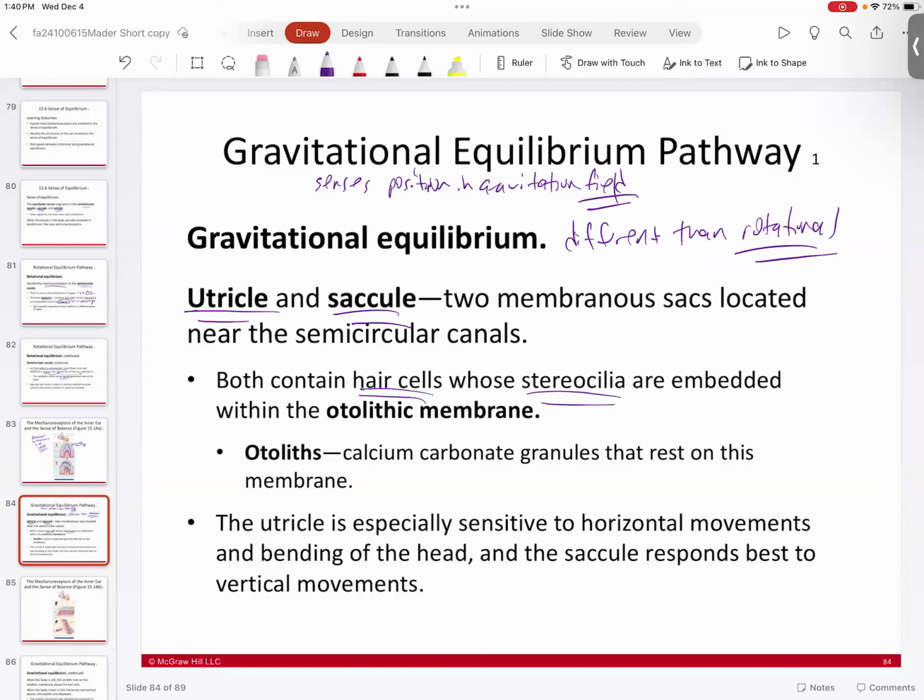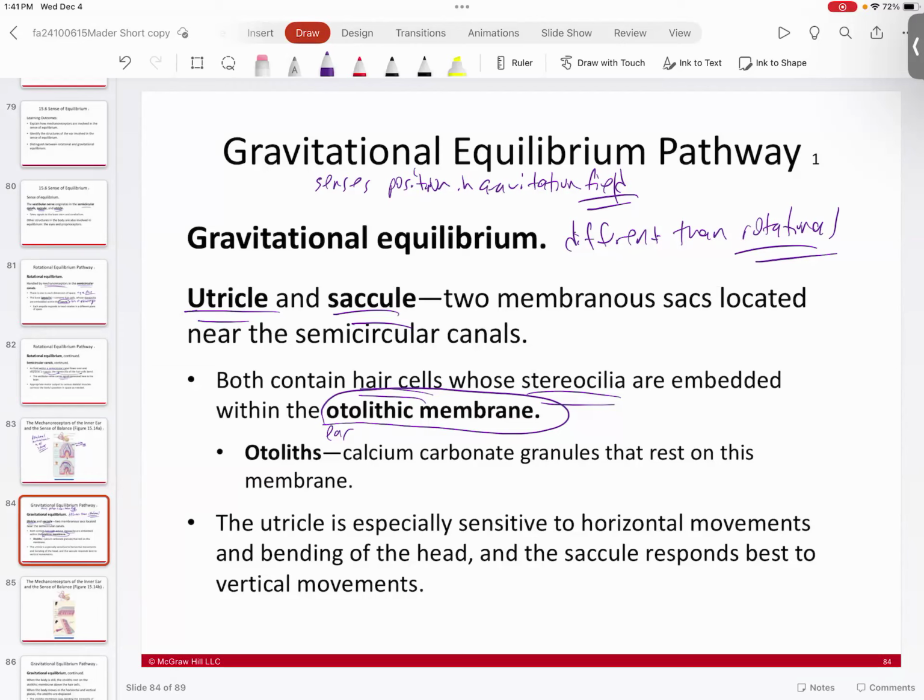But in this case, they're a little bit different because what they also have is what's called an otolithic membrane. Otolith means, oto means ear, like an otolaryngologist. Anybody know who that is? Some of you have probably seen an otolaryngologist. We more commonly know them as an ENT doctor.